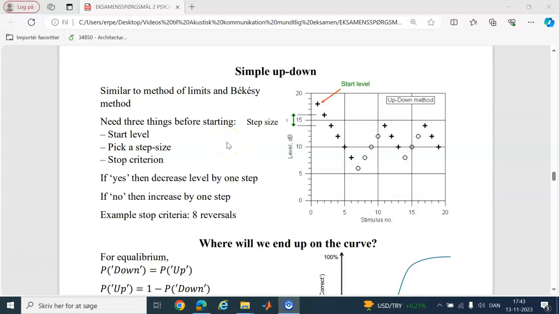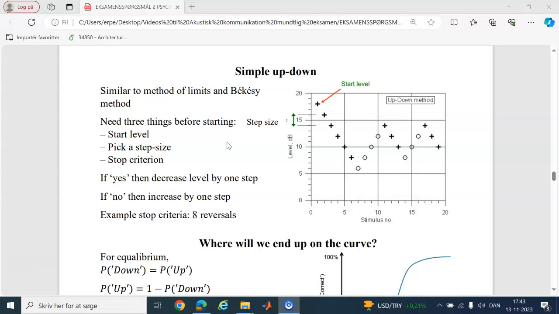You need 3 things before you start: step size, start level, and a stop criterion. Pick a step size. If yes, then decrease the level by 1 step.